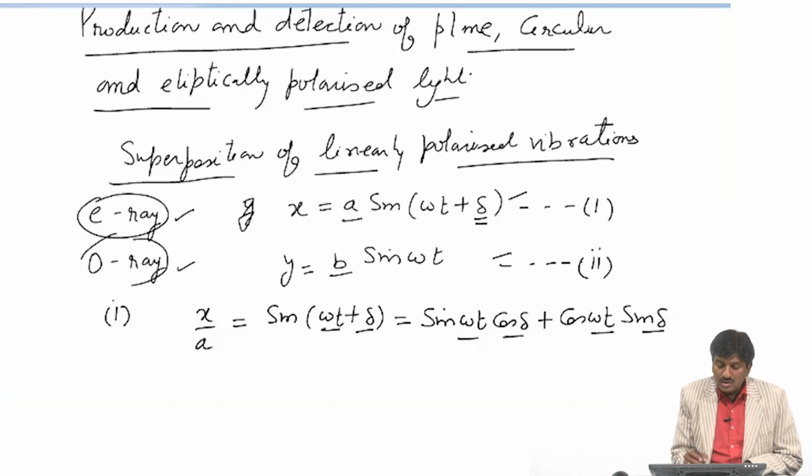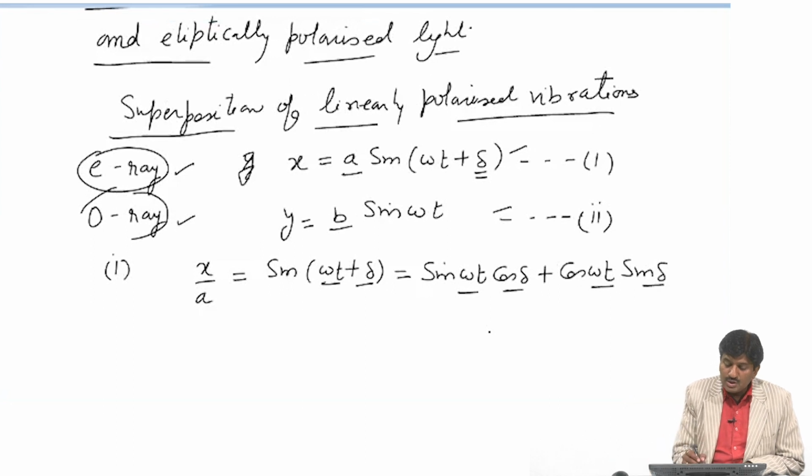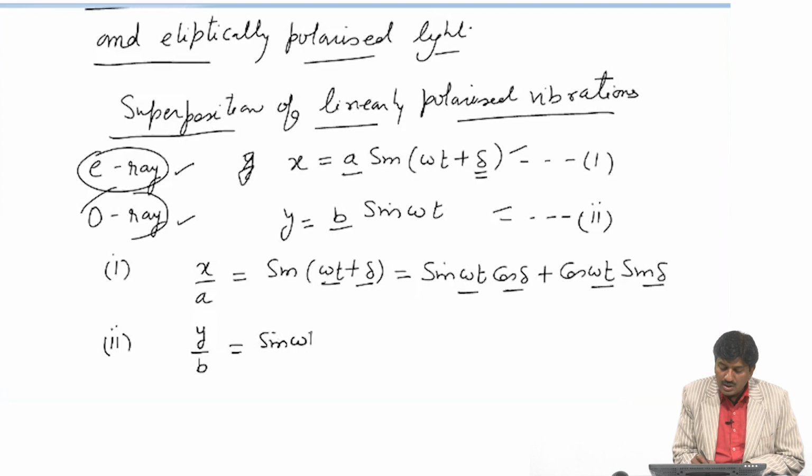From equation number 2, y upon b equals sin omega t, so we can write y upon b in place of sin omega t in equation number 1, and next we require cos omega t, but we have sin omega t.